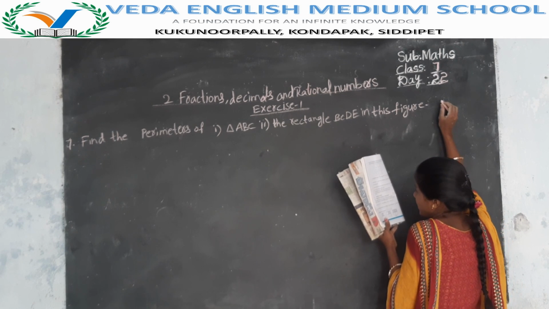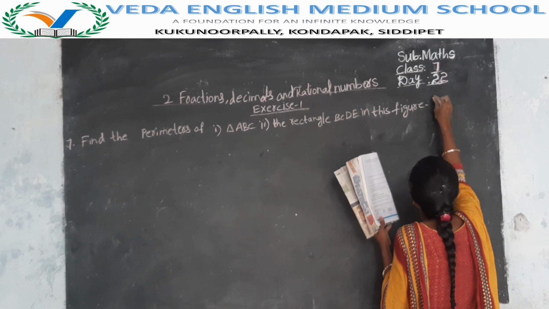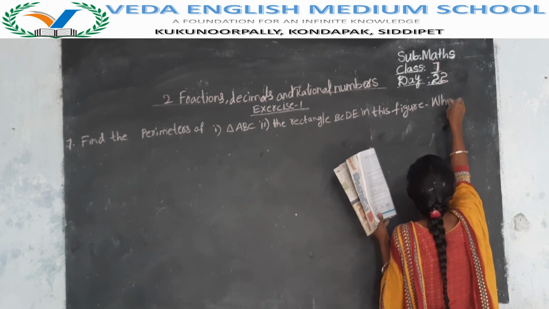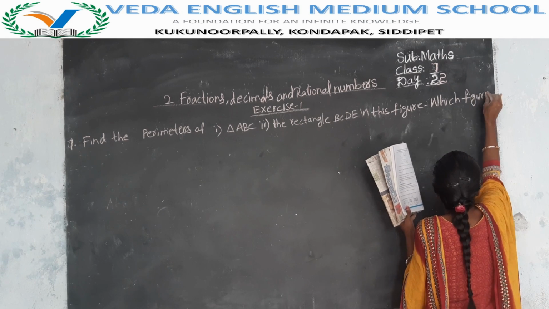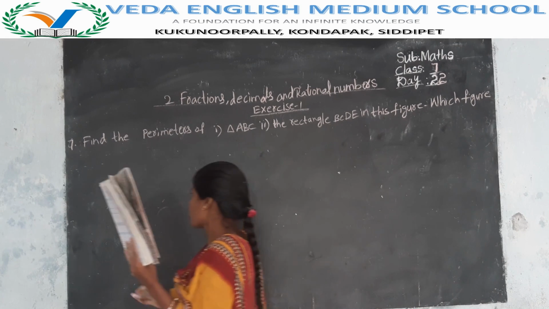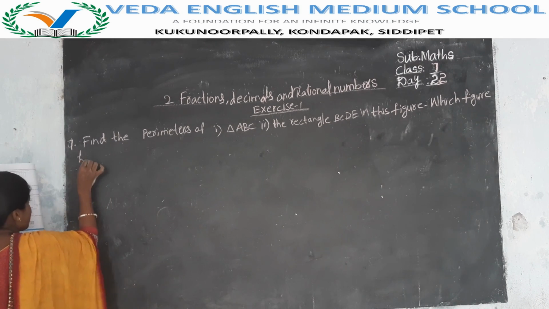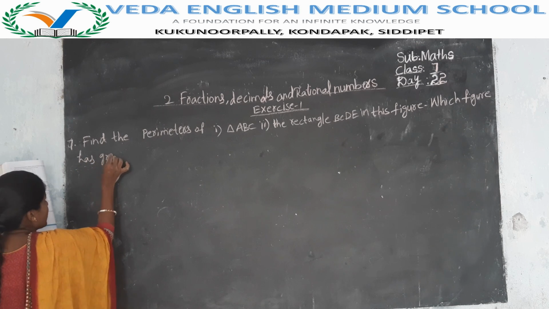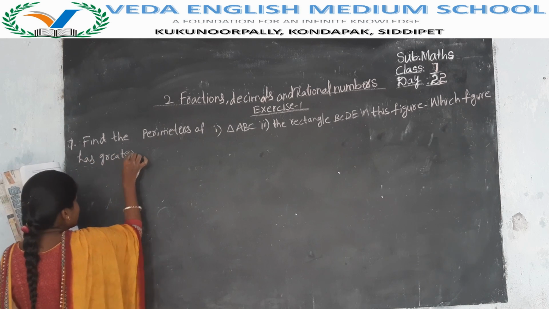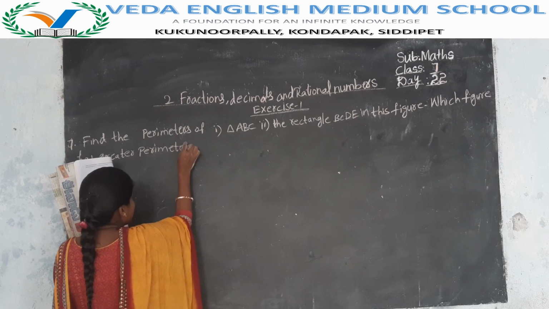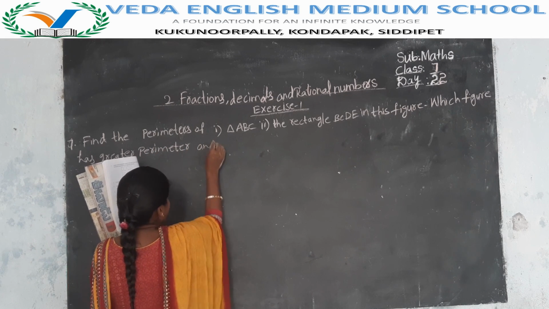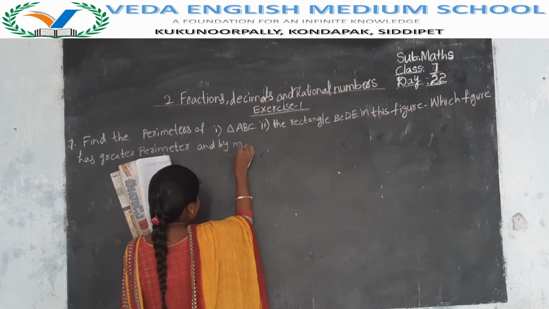Which figure has greater perimeter and by how much?